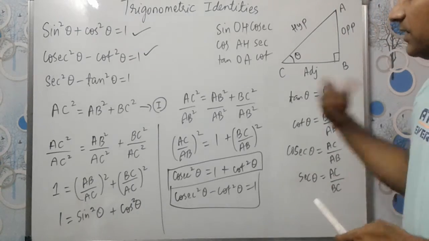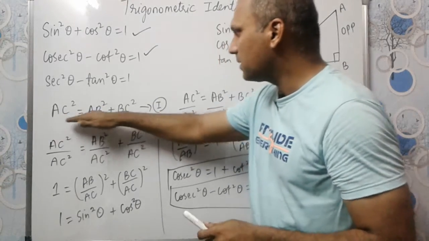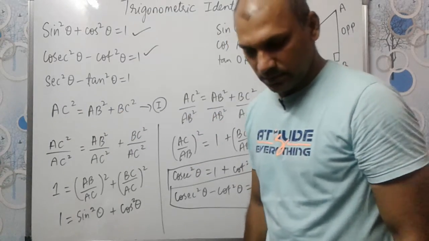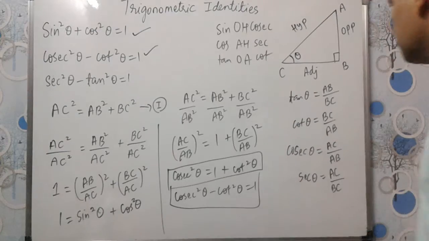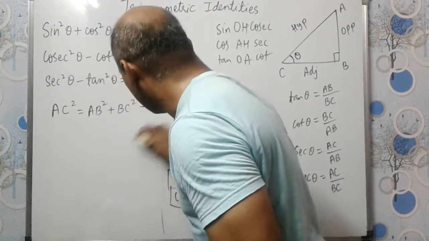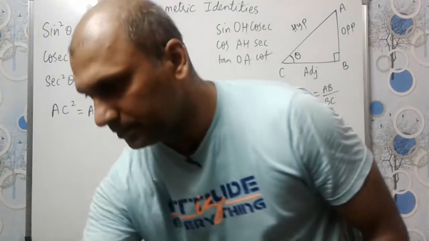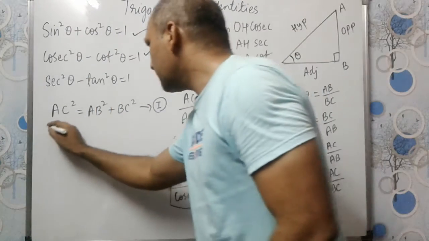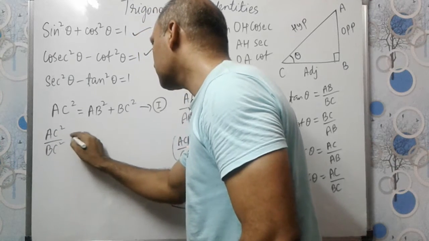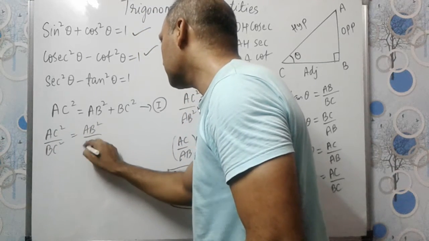Alright, to derive the third identity, we'll divide this equation by BC square on both sides. There is no place on the board, so I'll rub this and derive the third identity here. So let us divide both sides by BC square.